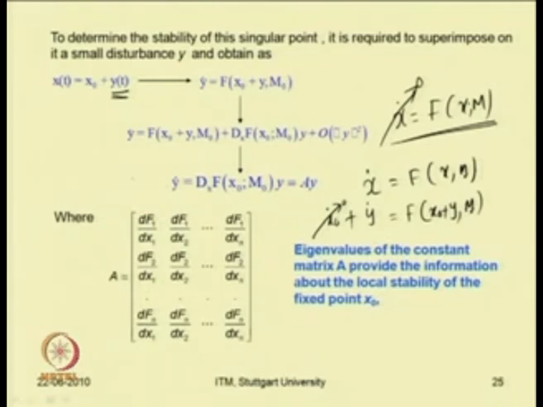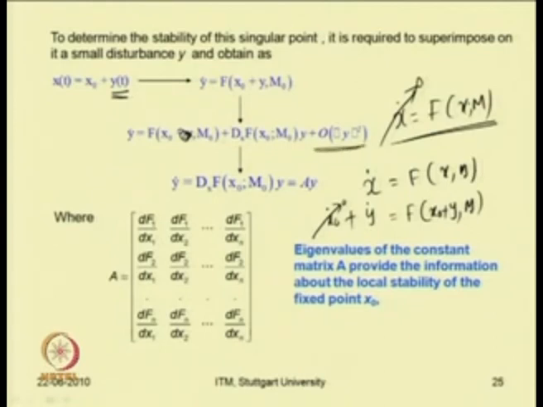That means my equation becomes y dot equal to f(x 0 plus y). By applying the Taylor series, I can expand this equation and write y dot equal to f(x 0, m 0) plus the derivative d x f(x 0, m 0) into y, plus higher order terms.